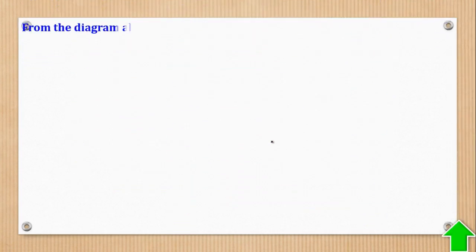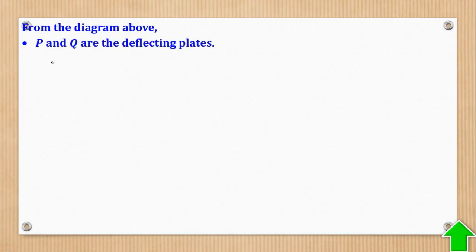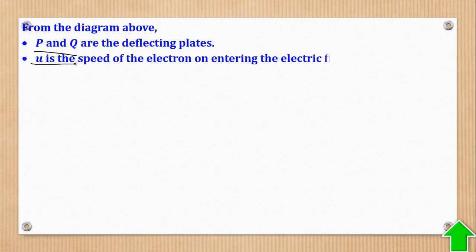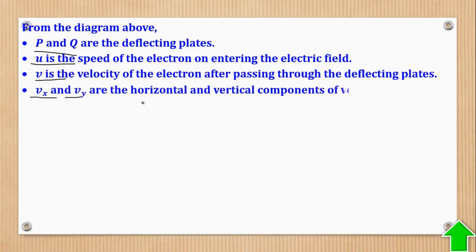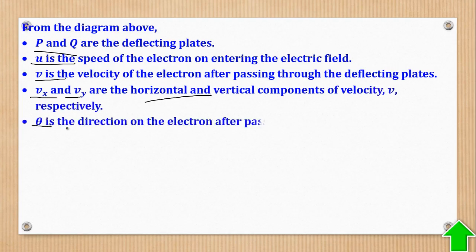Okay, so we shall derive some of the formulas. From the above diagram, we shall first define P and Q as the deflecting plates. We saw that. U is the speed of the electron on entering the electric field. V is the velocity of the electron after passing through the field or the deflecting plates. Vx and Vy are the horizontal and vertical components of V. Theta is the direction of the electron after passing through the deflecting plates.